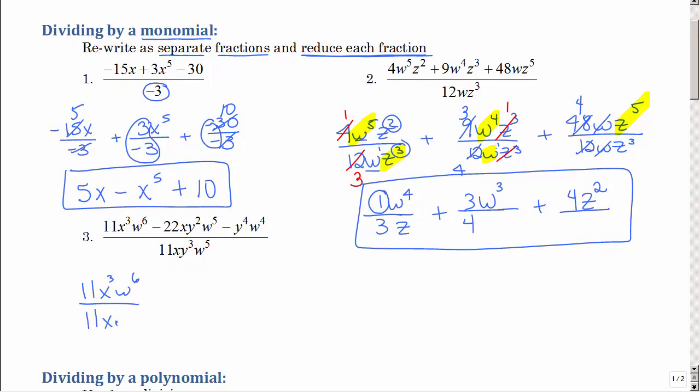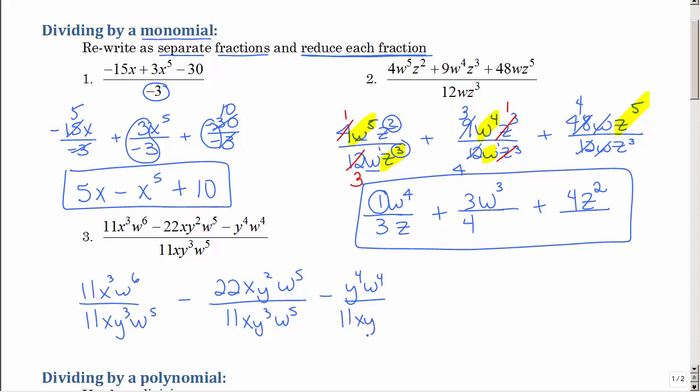Again, we want to separate the fractions. Oops, not 4, but what do we have? Y to the 4th. Okay, so on this first fraction, the 11's reduced to 1.